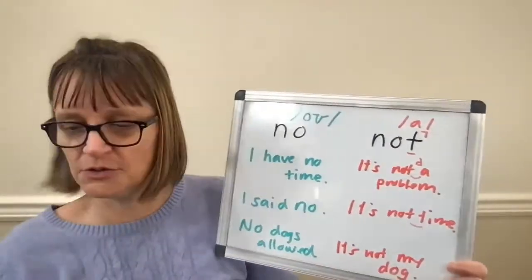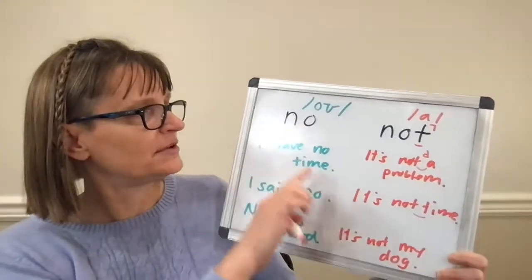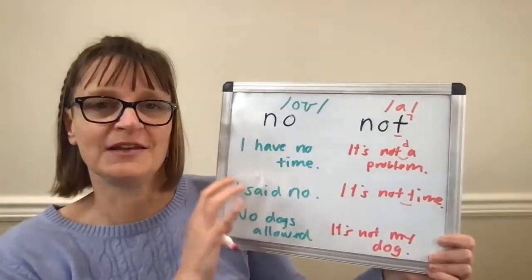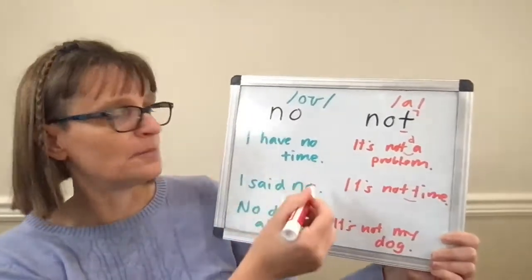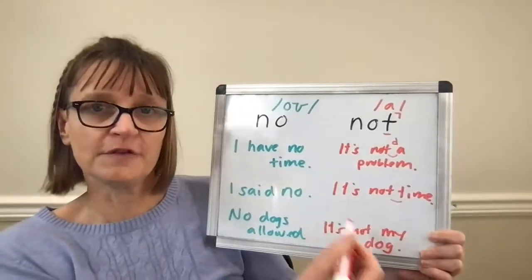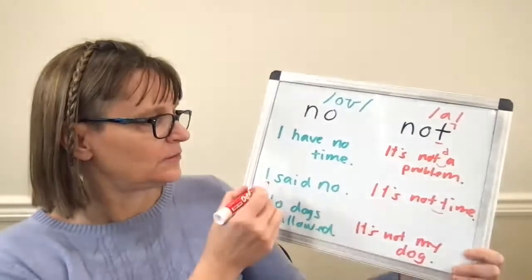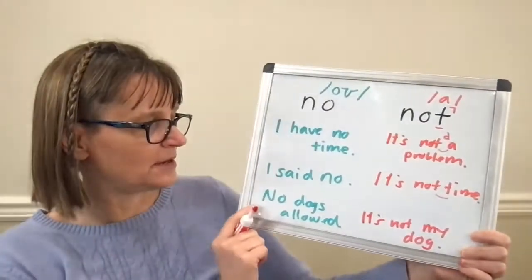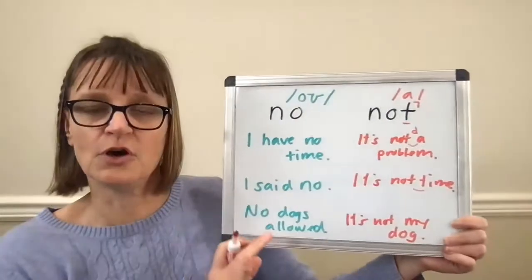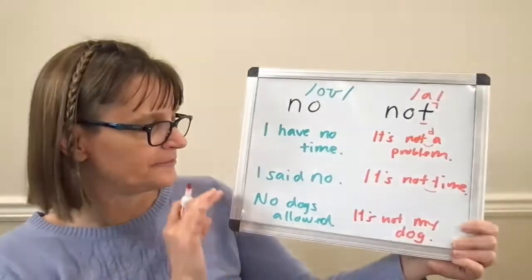In terms of the usage, some examples, we use no to indicate none of something. So I have no time, I have no money, I have no feelings about that. We also use it for yes and no. I said no. And to indicate no something can happen.